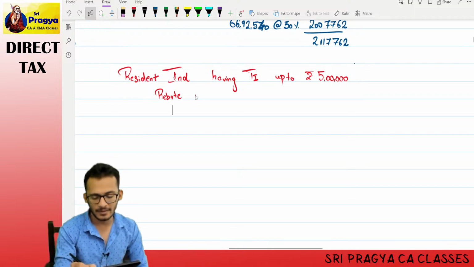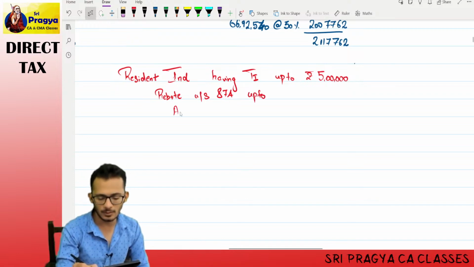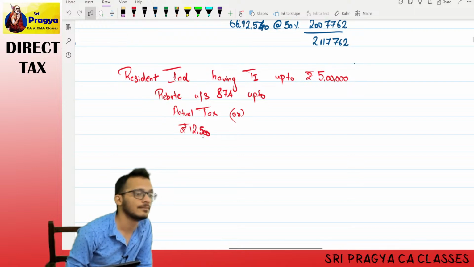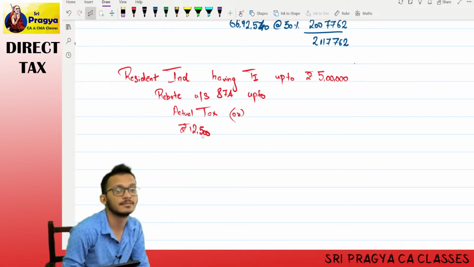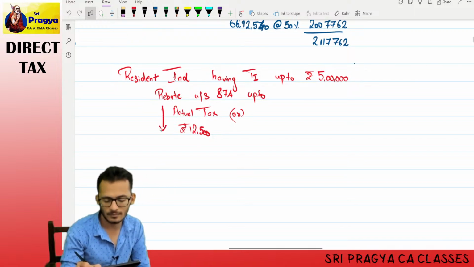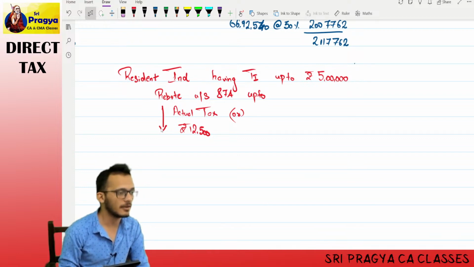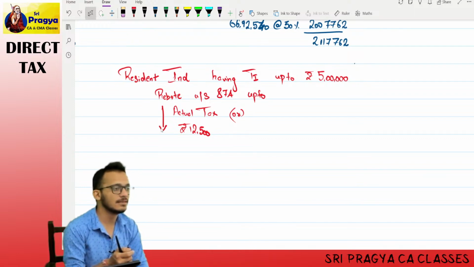Rebate is under section 87A, up to the actual tax payable or rupees 12,500, whichever is lower.